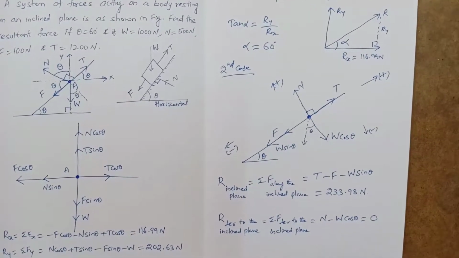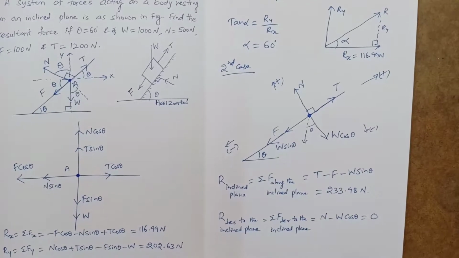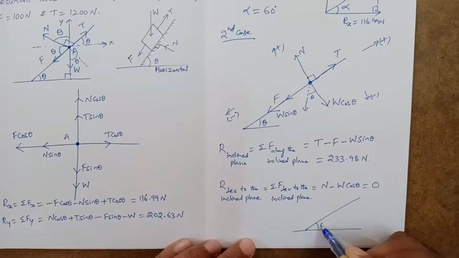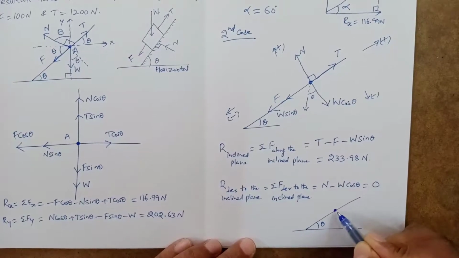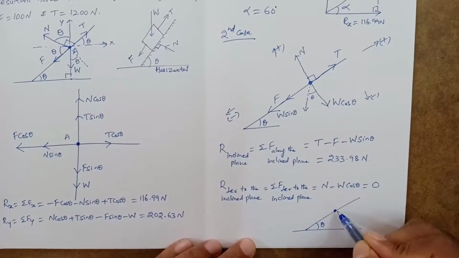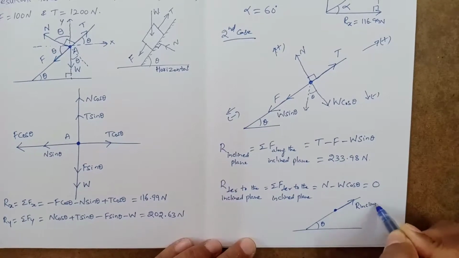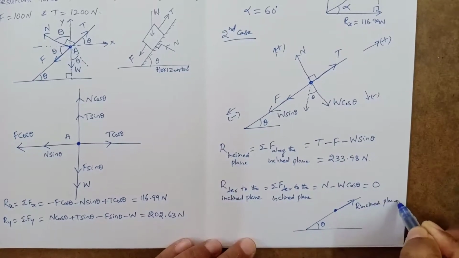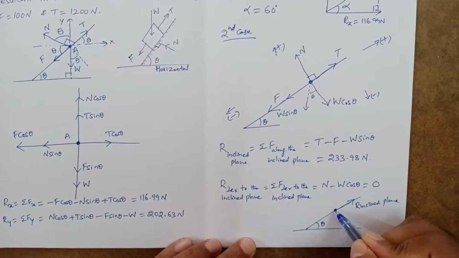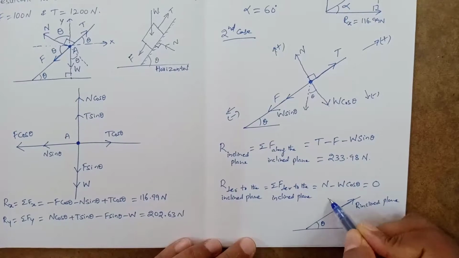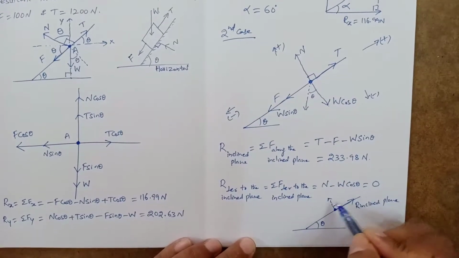Now finally what we got is R along the inclined plane, and R normal to the inclined plane is 0. R normal to the inclined plane means this direction, this angle is 90, but this is 0. We got this as 0.